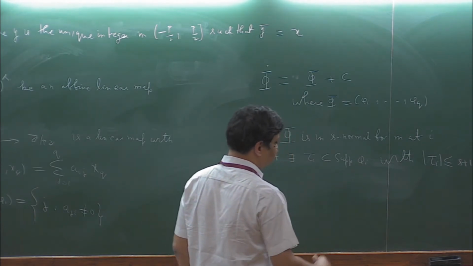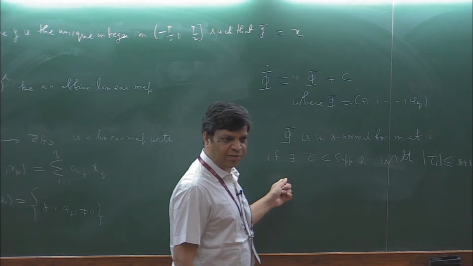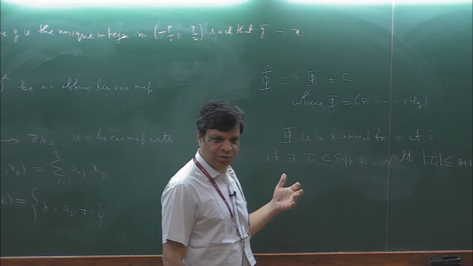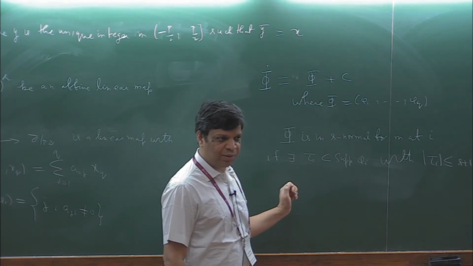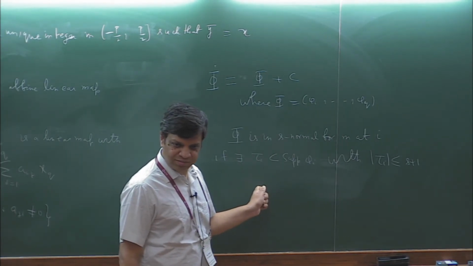So this definition may look a priori somewhat funny, but this is what I was trying yesterday, to reparameterize things in a manner so that I can get rid of the other functions. So I will explain it.